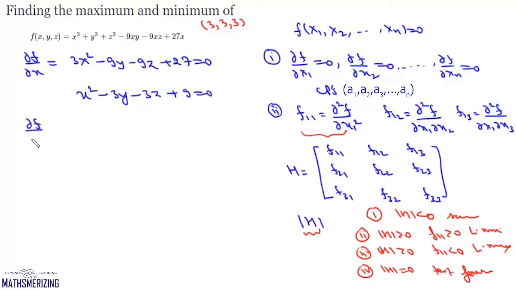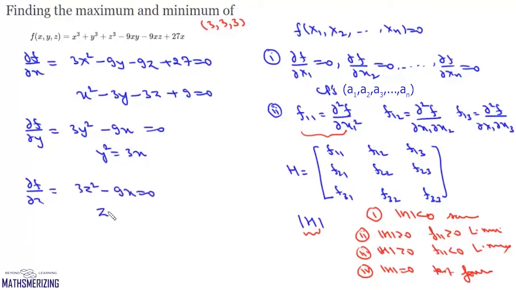We'll find del f upon del y, and there'll be 3y square minus 9x equals 0. That is, the value of y square is simply 3x. And we'll find del f upon del z, and it'll be 3z square minus 9x equals 0. So we'll get z square equals 3x.